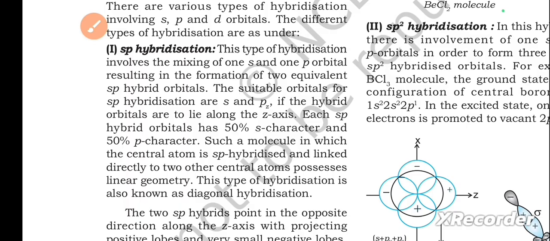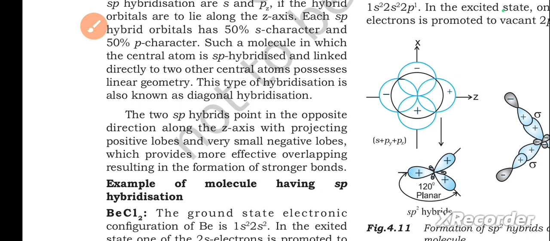The suitable orbitals for sp hybridization are s and pz if the hybrid orbitals are to lie along the z-axis. Each sp hybrid orbital has 50% s character and 50% p character. Such a molecule in which the central atom is sp hybridized and linked directly to two other central atoms possesses linear geometry. This type of hybridization is also known as diagonal hybridization.